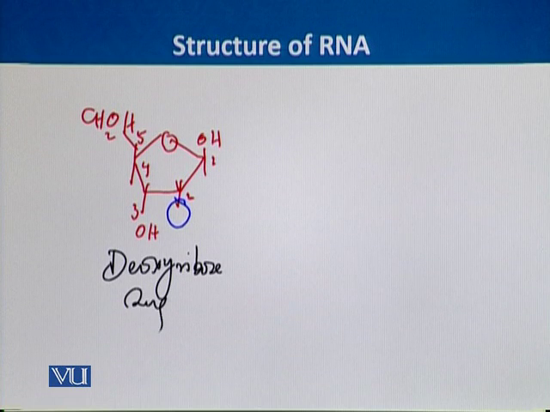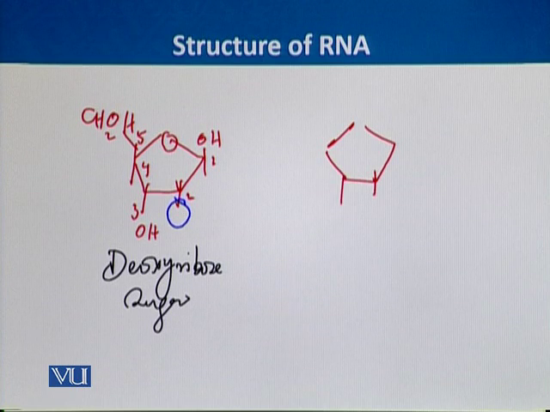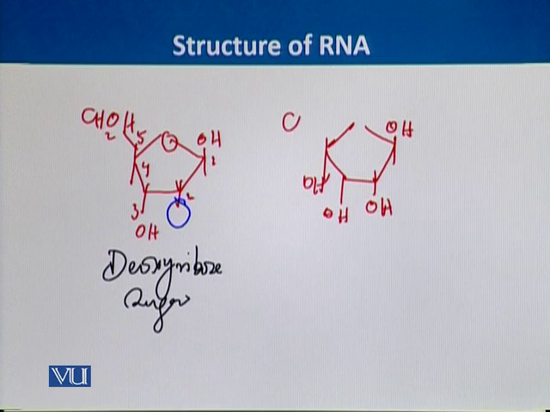sugar. On the other hand, the sugar molecule present in the RNA has this oxygen present at carbon number 2.